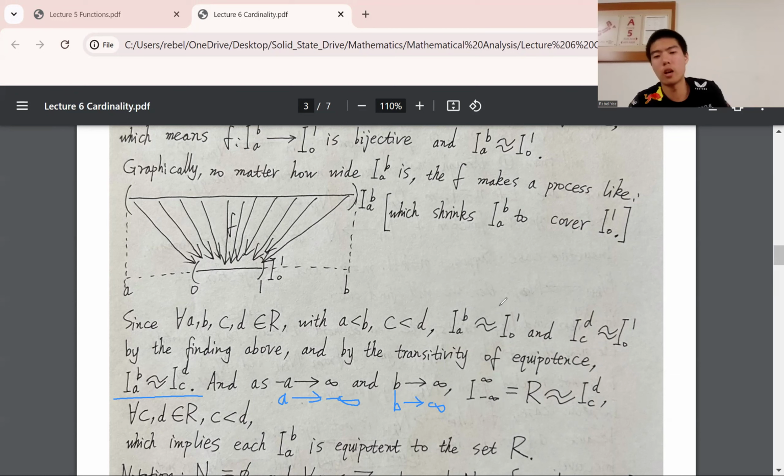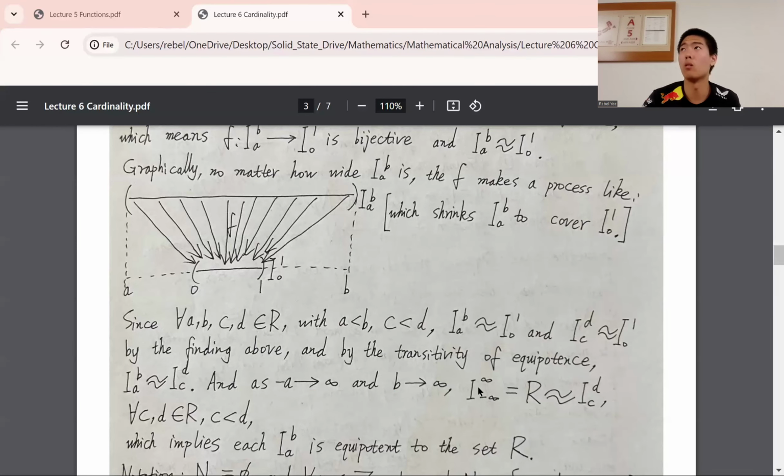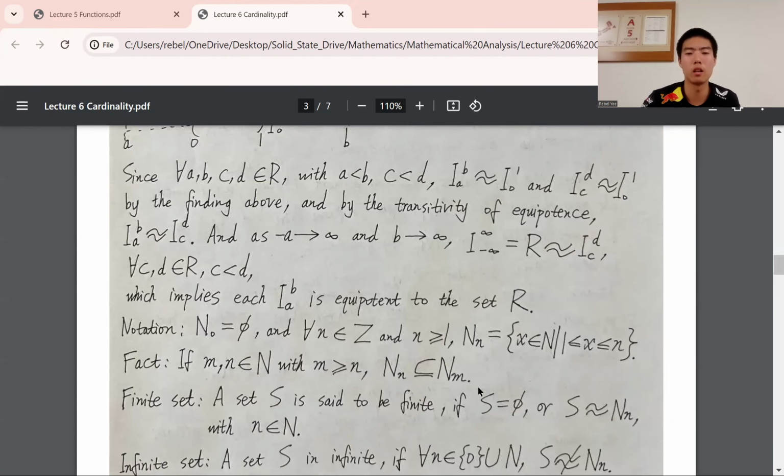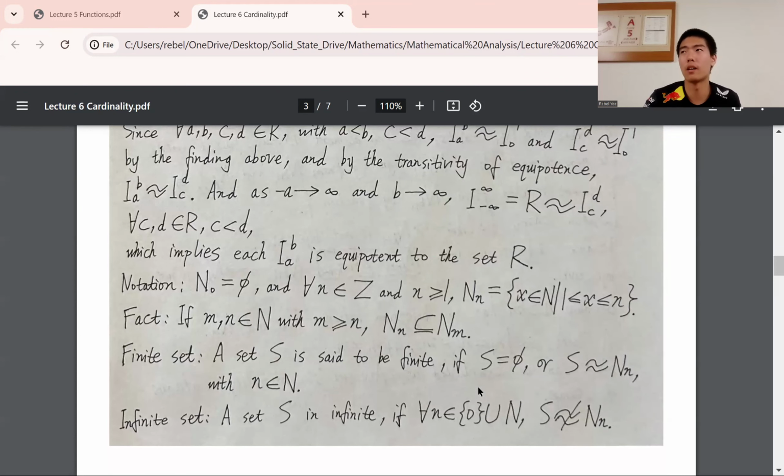For now we can view R as this system as well, which is equal to any open set going from c to d, where c is smaller than d. So this is a very important finding. All of the open intervals with unknown length, maybe it's 1, maybe it's 100, maybe it's 1 billion, all have the same cardinality. And this probably means R is a very dense system, and it's an infinite set system. Okay.